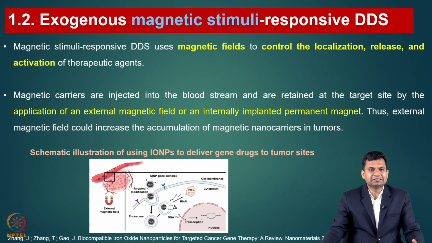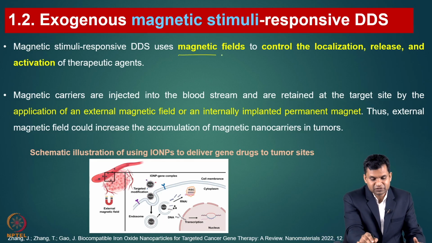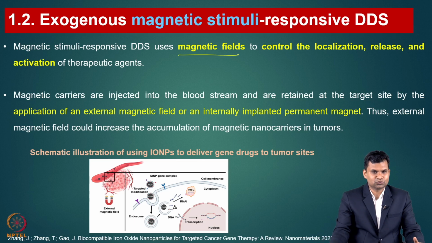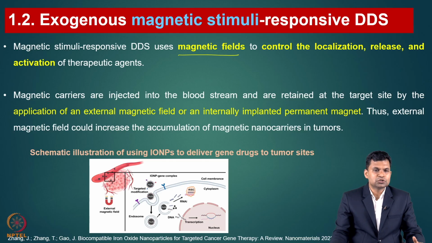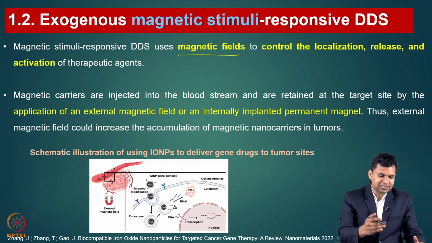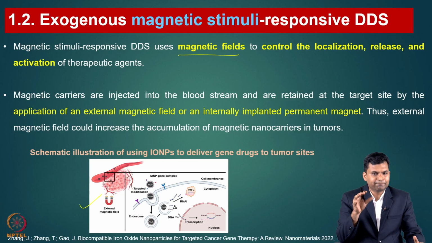So, now in the exogenous magnetic stimuli responsive drug delivery systems, as we have discussed, we will utilize the magnetic field. Exogenous magnetic stimuli responsive systems require a magnetic field. You can see in the figure also. So, when you apply a magnetic field, your medicine or your drugs or your imaging agent will release at a particular site.